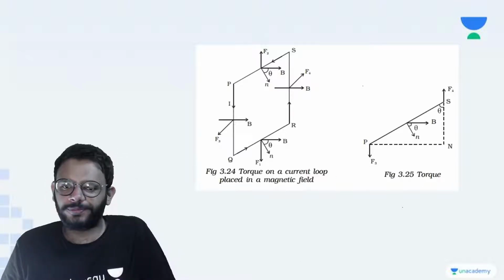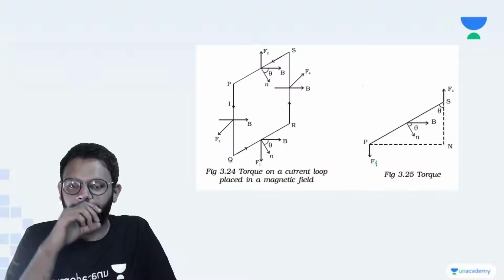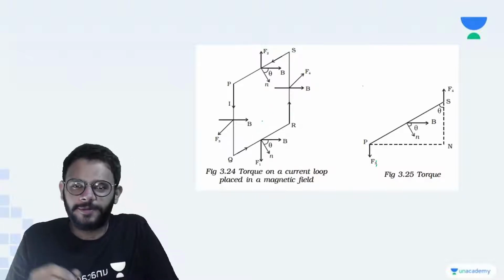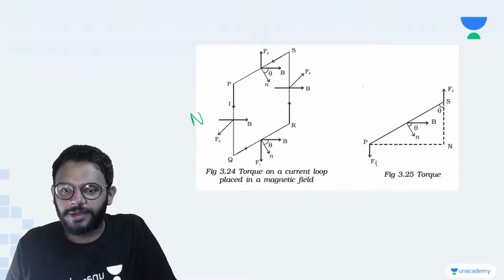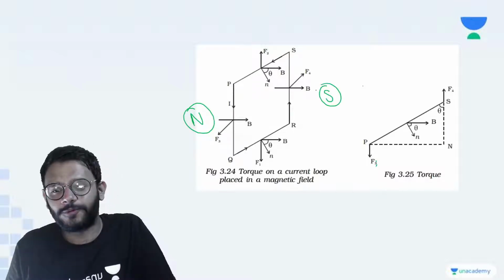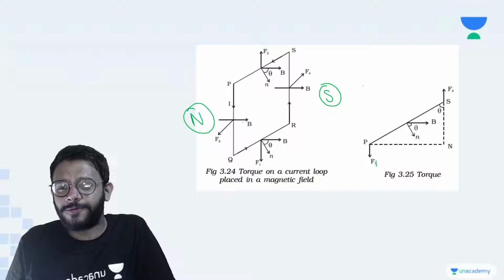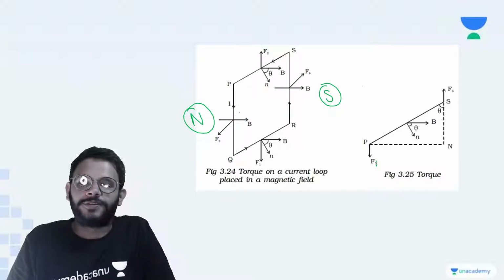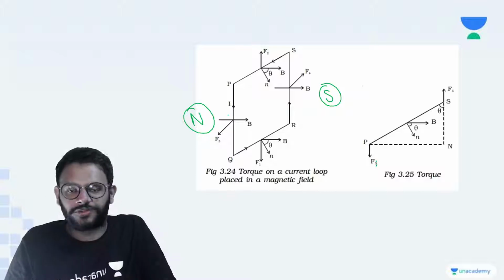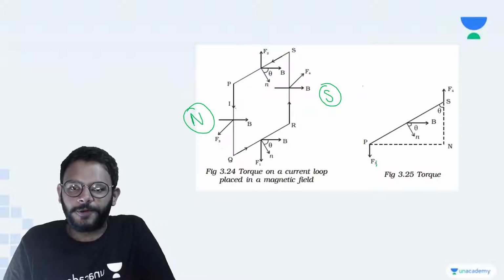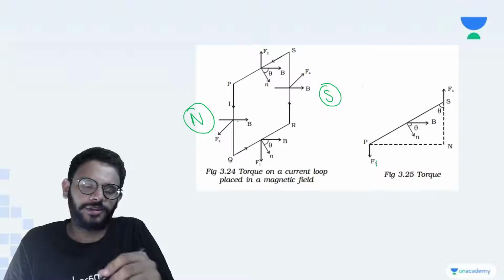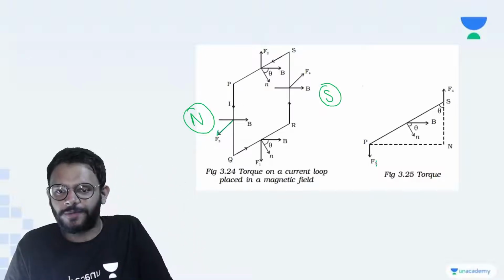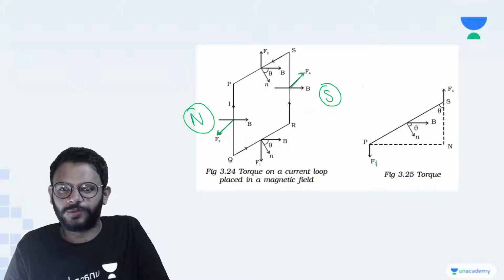So these figures might give you a better idea of what we are dealing with right now. What it is showing is essentially that here there is a magnet's north pole, and here a magnet's south pole, and I know that the magnetic field is going from north to the south. Since the magnetic field is going from north to the south, the force acting on this current carrying element, in this case, the direction is opposite, so the force acting over here is going to be upwards while the force acting on this is downwards.